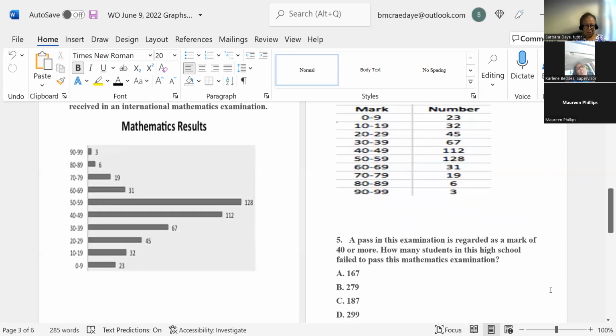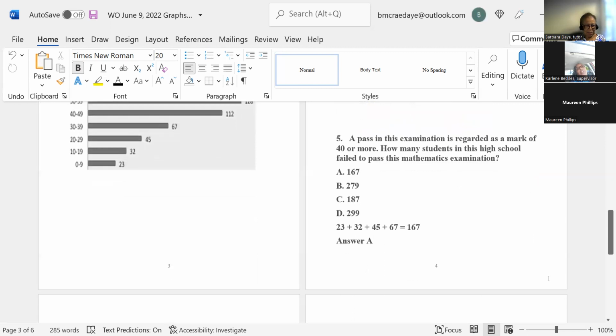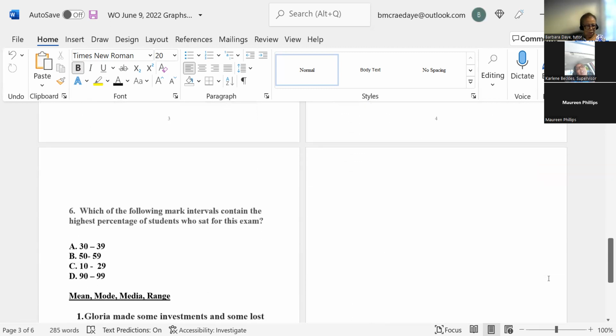Very good. Okay. Now let's go to number 6. Number 6 is looking at the same table. Which of the following mark intervals contain the highest percentage of students who sat for this exam?